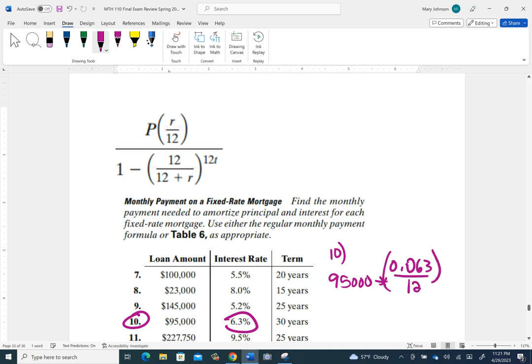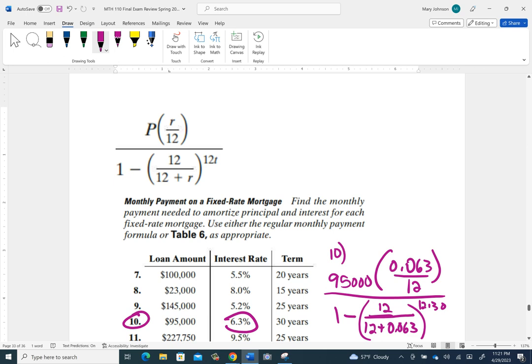You can do it with the parentheses and everything just to be safe. Then divide that by 1 minus 12 over 12 plus 0.063, and that portion is raised to the 12 times 30 power.